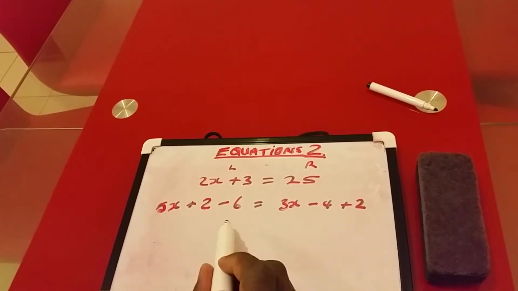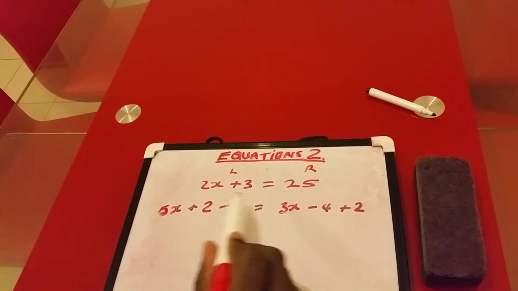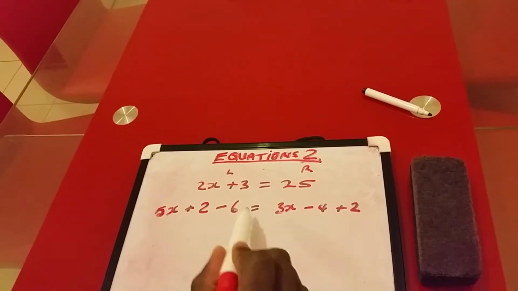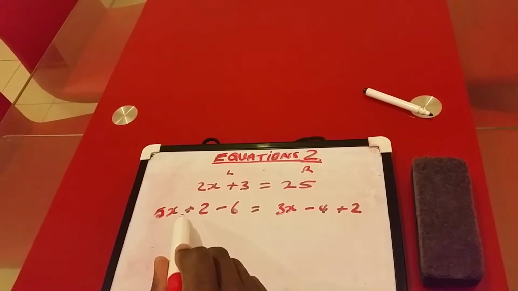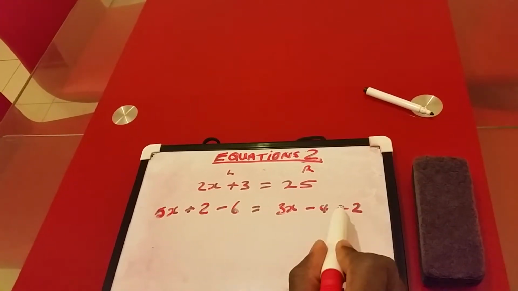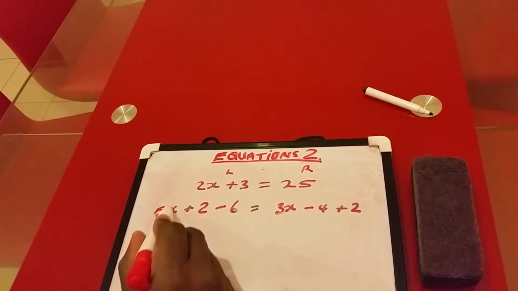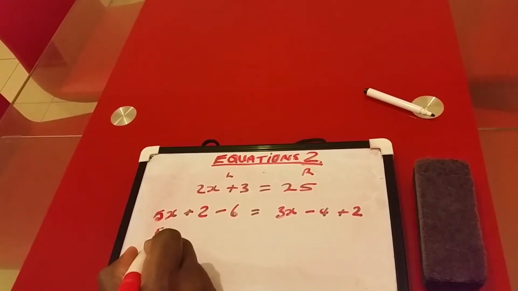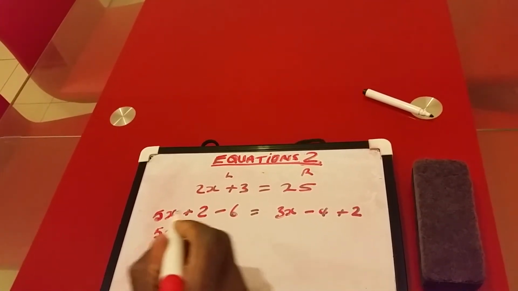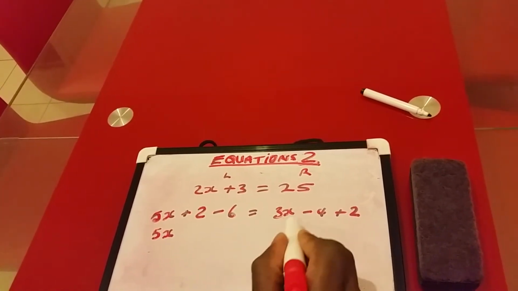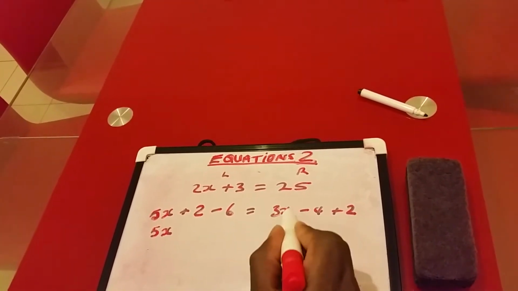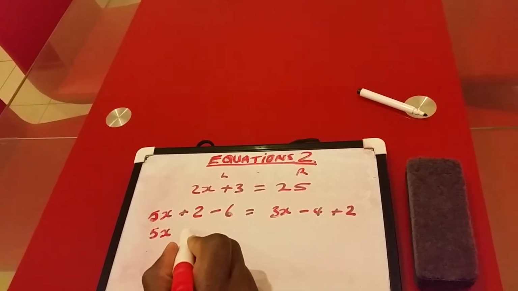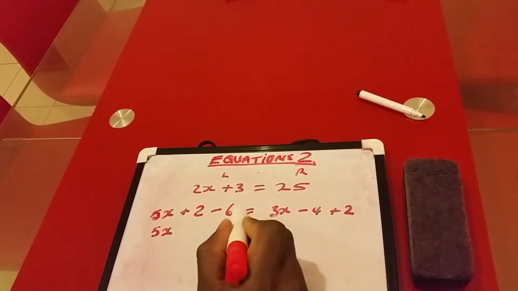What we're going to do is move all the x's to the left hand side, and move the numbers to the right hand side. 5x is on the left already, so I'm going to leave it there, and I'm going to take this 3x from the right hand side to the left hand side of the equal sign.